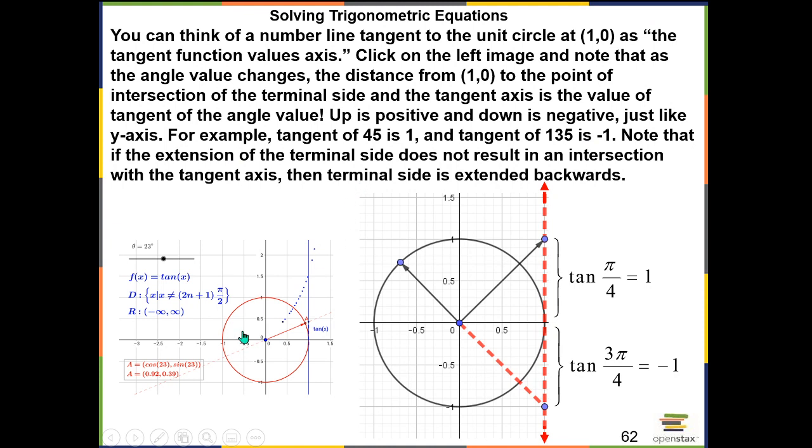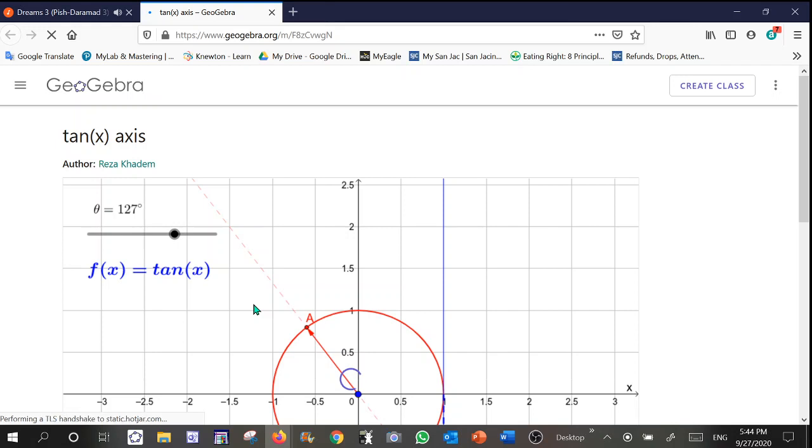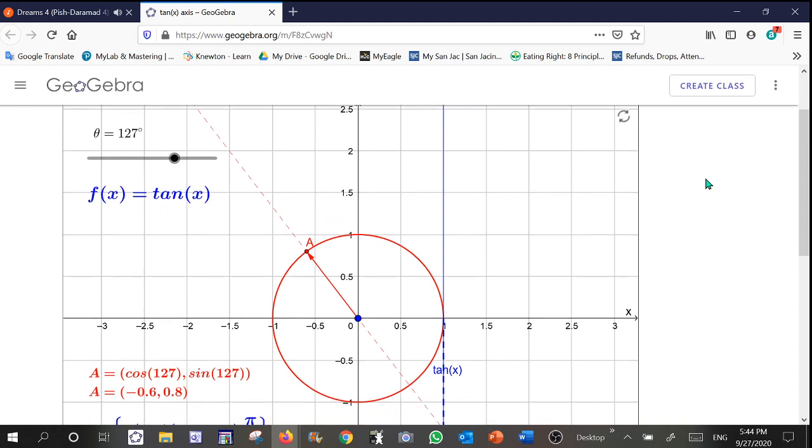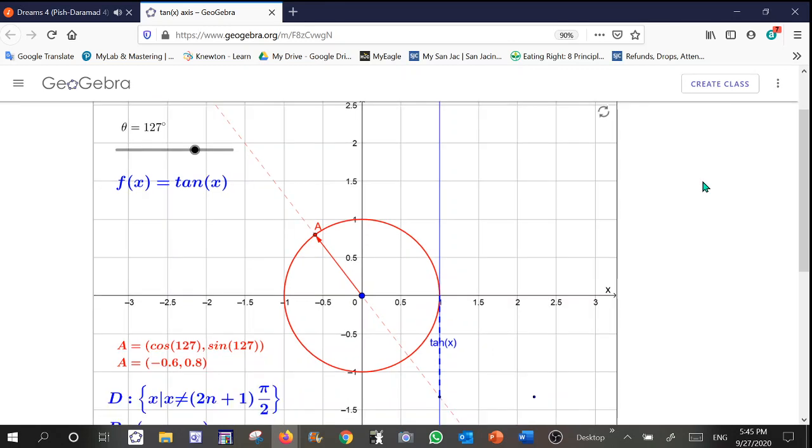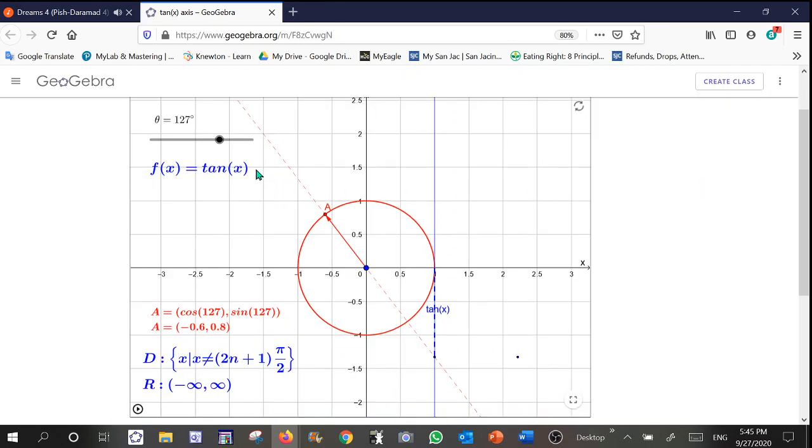But if I go to, let me click on this. My audio might be a little bit messed up, because it puts a lot of load on the CPU. All right, notice that when I change this, you see, it's graphing the tangent. See that?